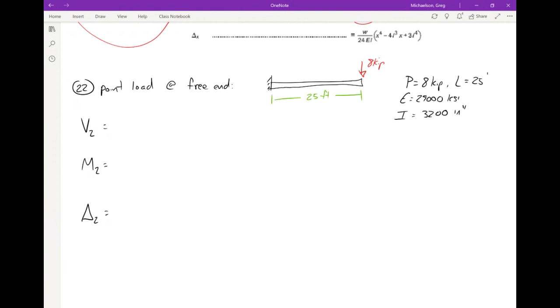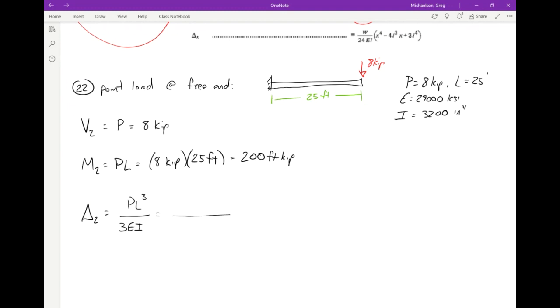Okay, so V2 is P. P is 8 kips, and there you're done. M2 is P times L, which is 8 kips times 25 feet. 8 times 25 is 200 foot-kips. Deflection is PL cubed over 3EI.